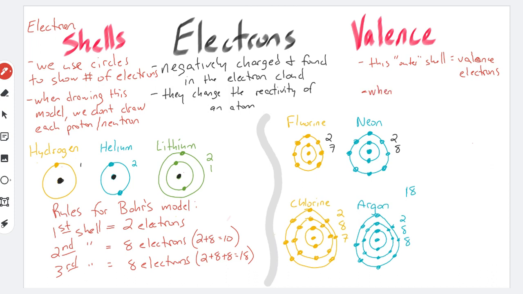When this shell is full, the atom is "happy." I'm going to put that in quotation marks, happy, and it doesn't react to other atoms very much.